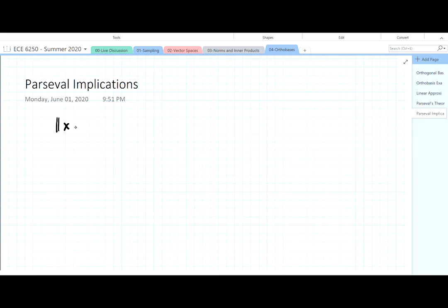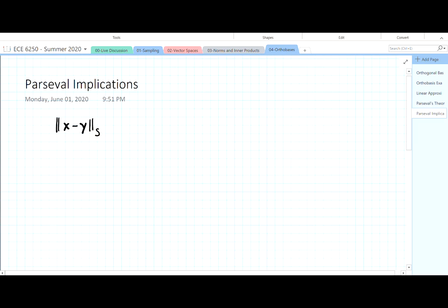And the result of that was that if we take the inner product of a vector with itself, it's equal to the norm squared of that vector, which is equal to the L2 norm squared of the projection coefficients. Okay, so that's what we're used to seeing, but look at this little application here.